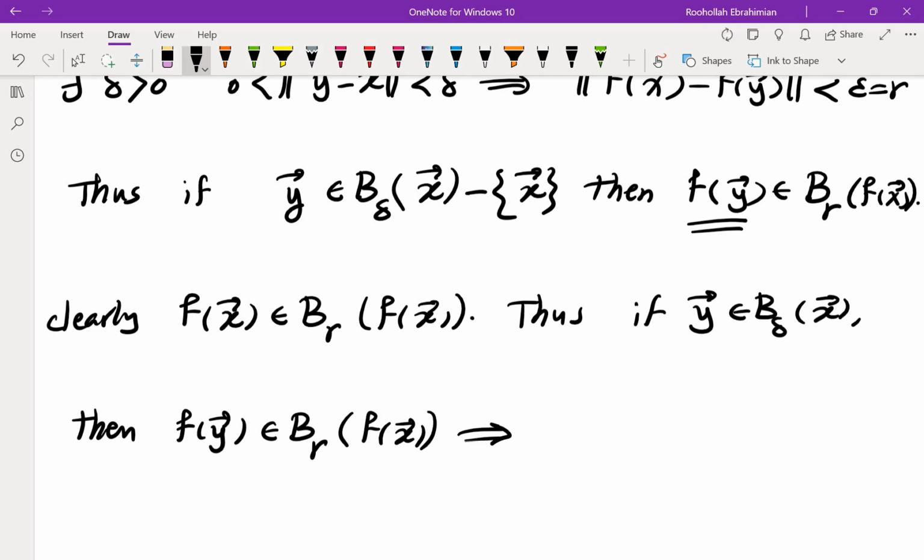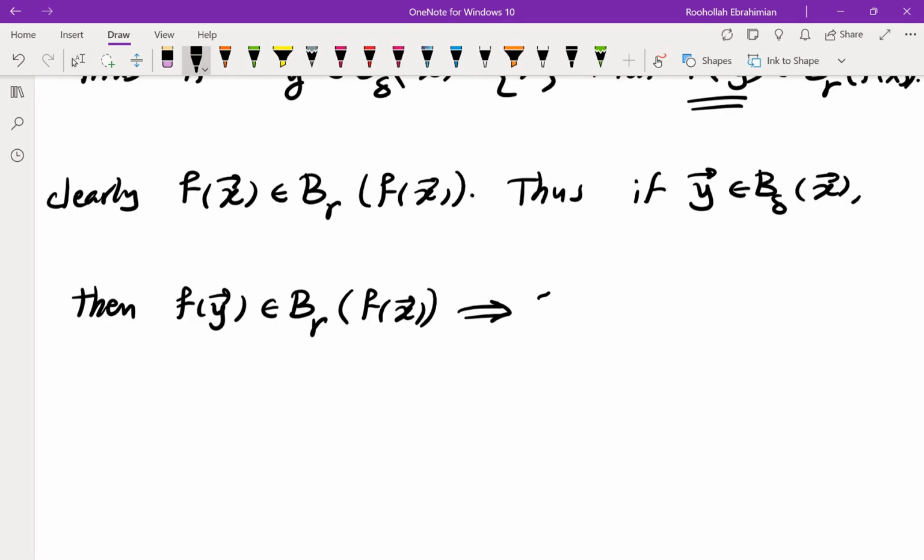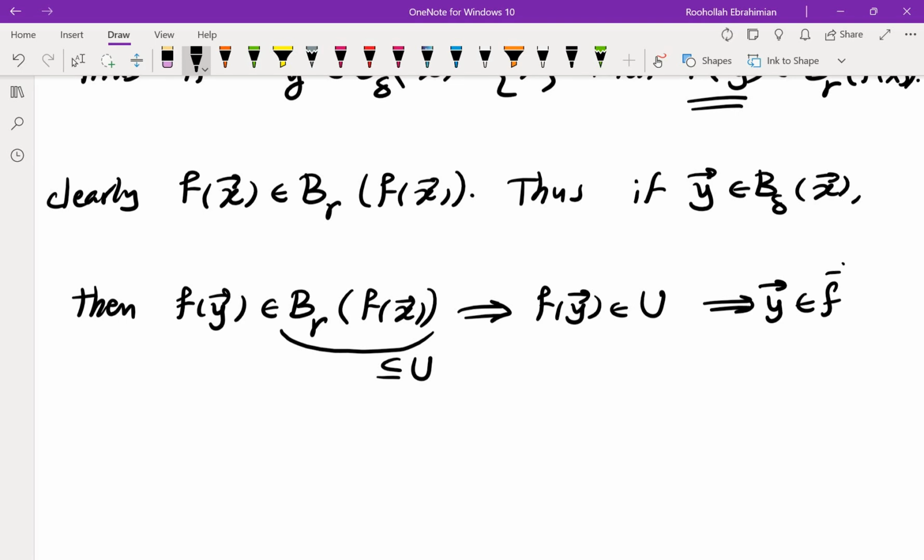And what does this mean? It means f of y is in fact in U, because this ball is a subset of U. So what does it mean? It means y is in f inverse of U.